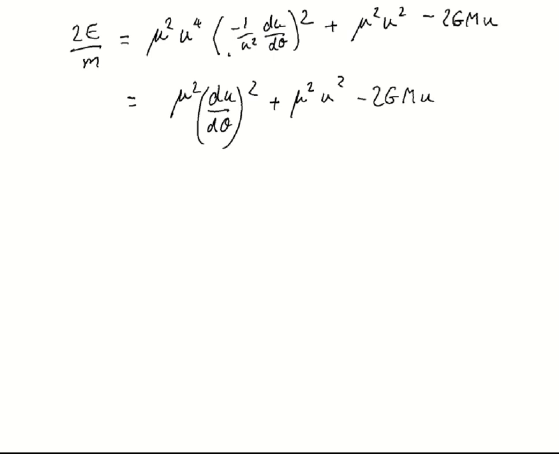And so we might as well divide by mu squared. That's going to make everything look a little bit more complicated at the moment, but you'll see we're going to try and be a bit judicious.